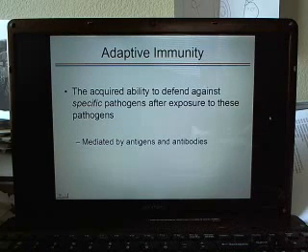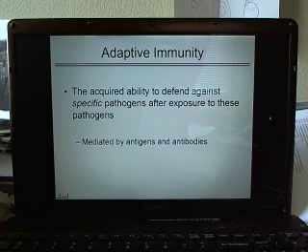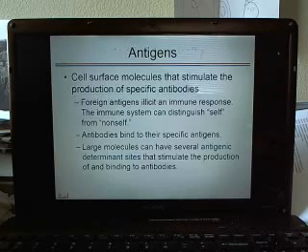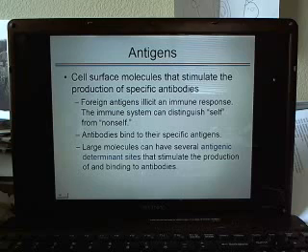Adaptive immunity is acquired. You have to be exposed to the pathogen, i.e. measles or mumps, and then your body will make an antibody against it. Antigens are anything that cause an antibody to be formed.